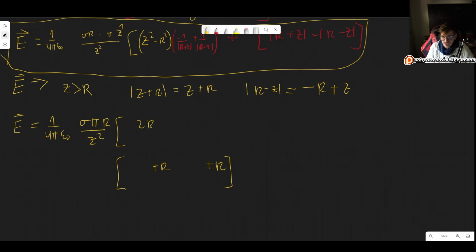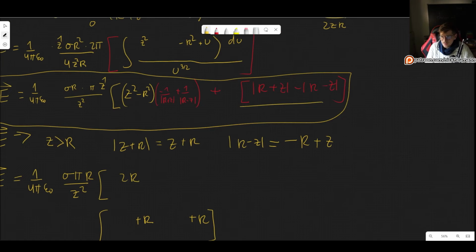And then we have the second part, which is plus r plus z minus, and this thing is now minus r plus z. So minus that, we get plus r minus z. So the z's cancel out as well, and we get 4 times r.